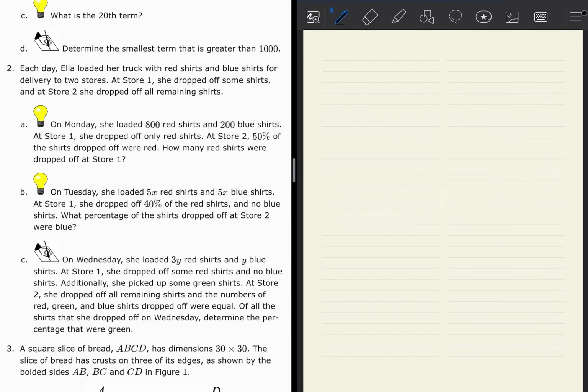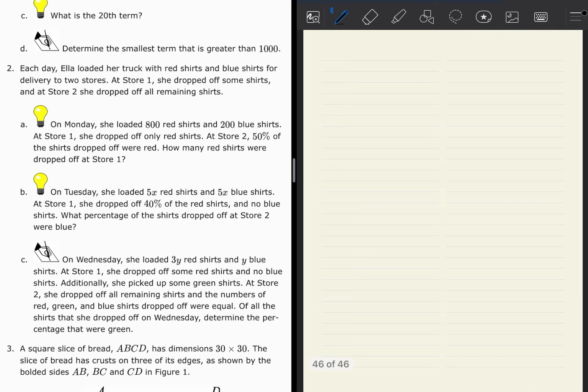Okay, now let's look at question B. It says, on Tuesday, she loaded 5x red shirts and 5x blue shirts. At store 1, she dropped off 40% of the red shirts and no blue shirts. Okay, again, let's create the same boxes.